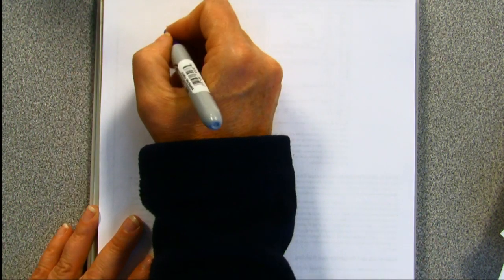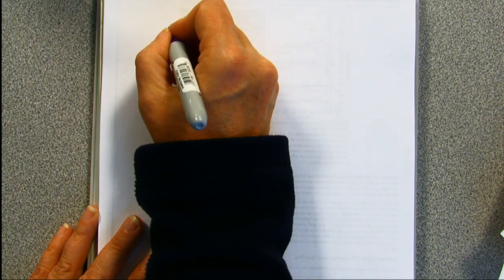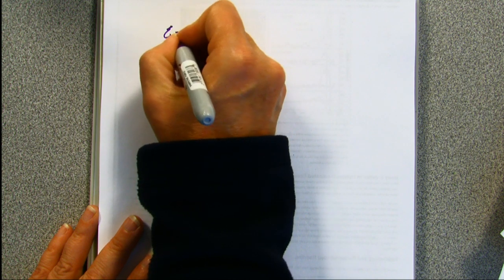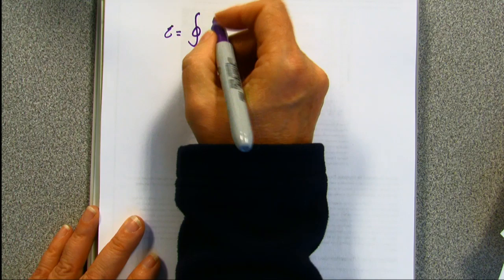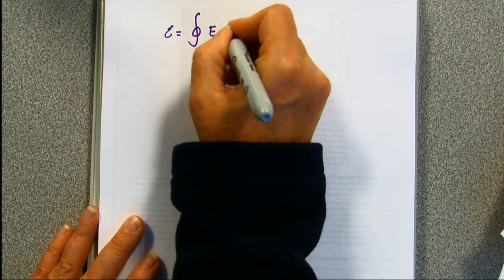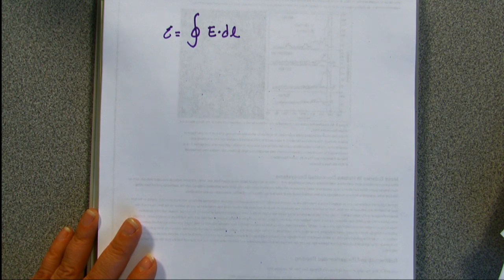Way back when, we showed that my electric potential, or my EMF, if I went through a closed loop, was the integral of E dot dL. It's been a while, got to shake off the cobwebs, but we showed that.